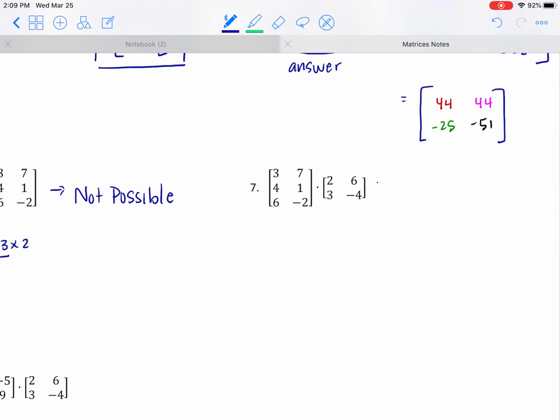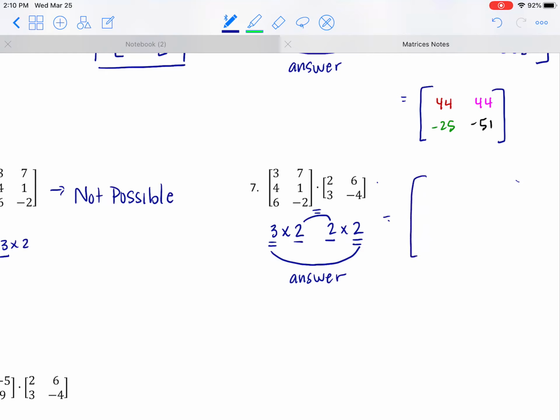Now, same problem here, but rearranging these, again, this is a 3-row, 2-column matrix. This is a 2-row and 2-column matrix. Because they're rearranged now, the number of columns here and the number of rows here is equal, which means now we can multiply. And our product is going to contain the number of rows here and the number of columns here. So these two are going to show us the size or dimensions for our answer.